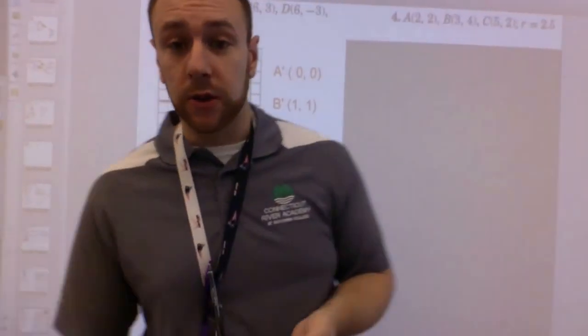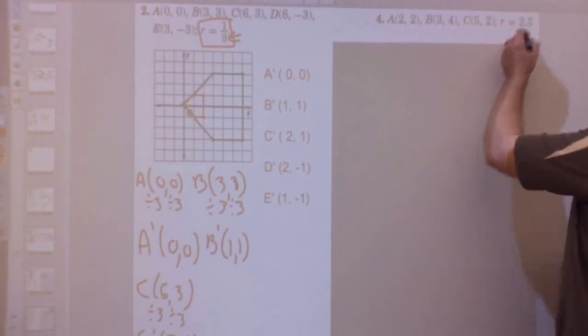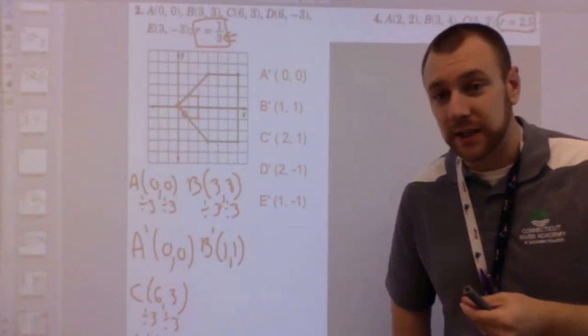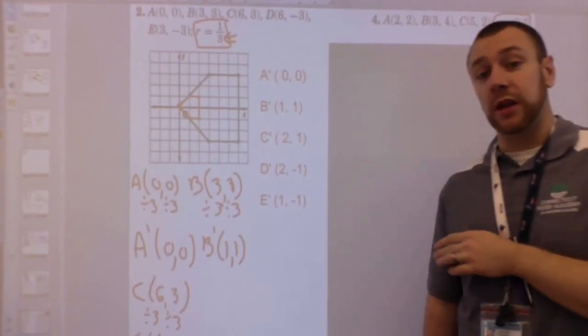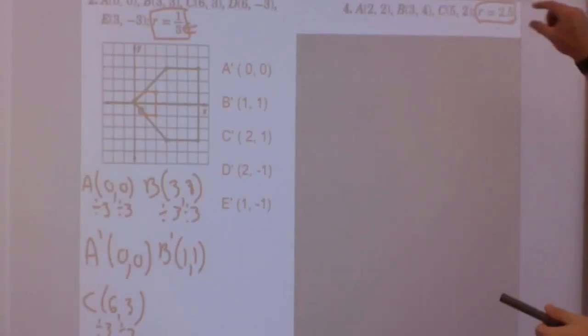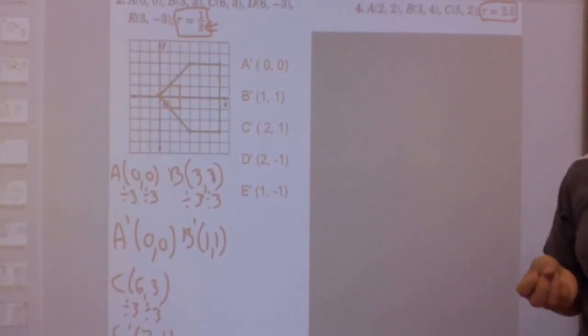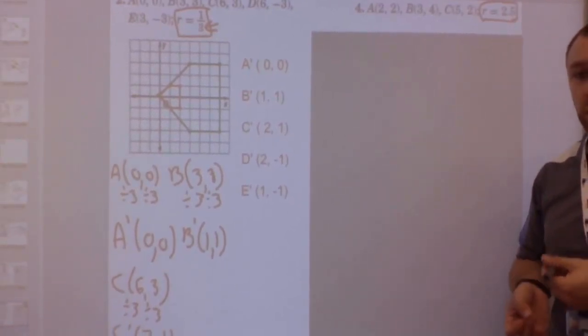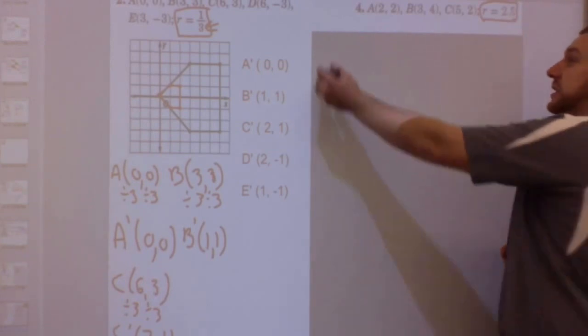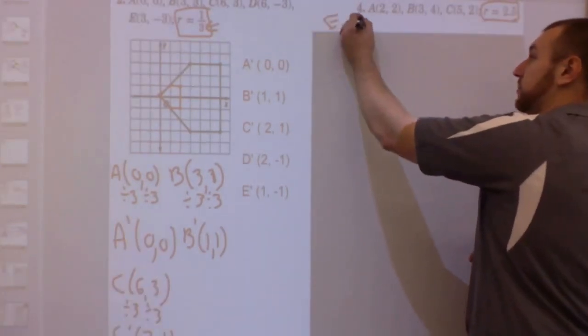Now, we can also look at this as r is 2.5. Now, you might say, oh, it's a decimal, this is a reduction. This is not right, because a reduction has a scale factor that is less than 1. 2.5 is greater than 1, so this is technically an enlargement.